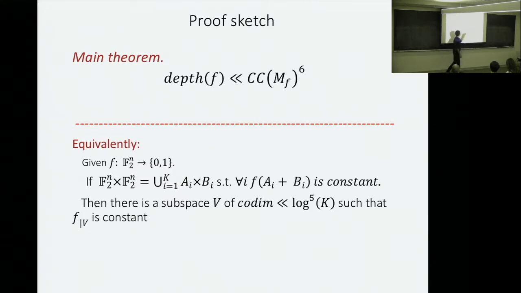So k is just the number of rectangles. Everywhere I use k to be the number of rectangles, and such that your function is constant. Actually, after this line, you can just forget completely about everything I said, and you can still follow the talk. I won't use anything about communication complexity.